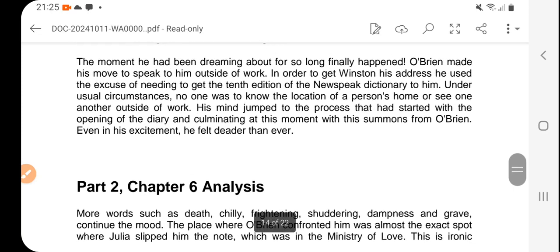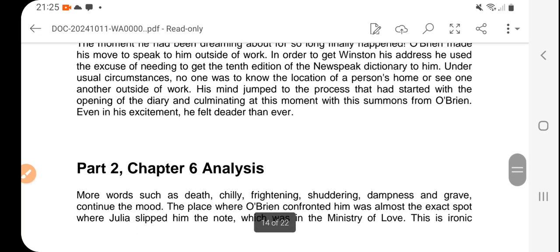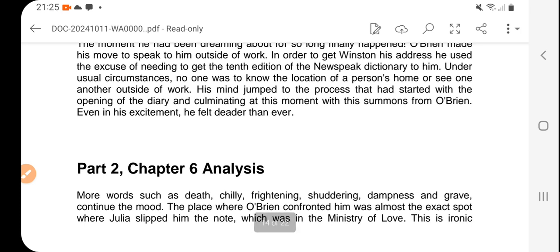So O'Brien made his move to speak to Winston outside of work, saying they are going to meet in order to get Winston his address. He used the excuse of needing to get the 10th edition of the Newspeak dictionary to him.